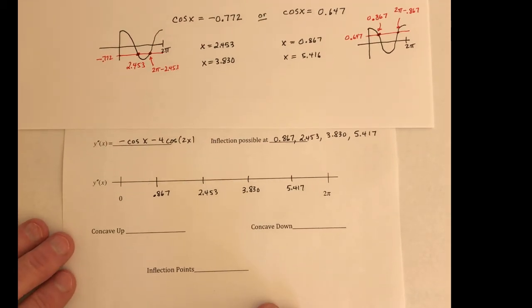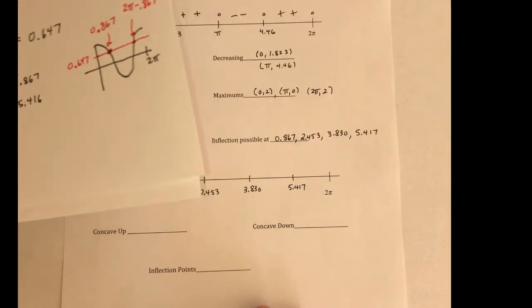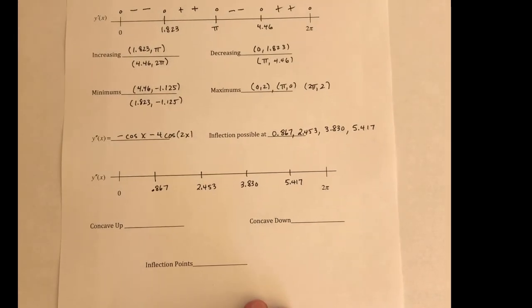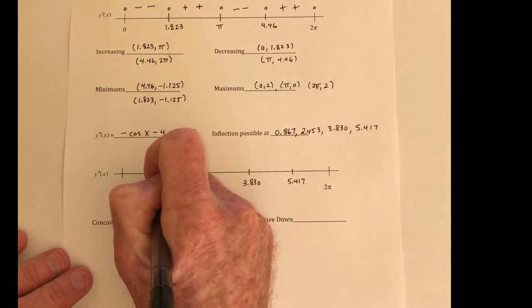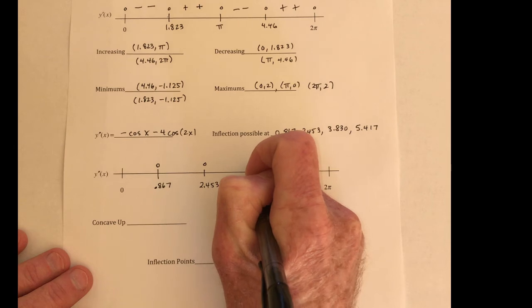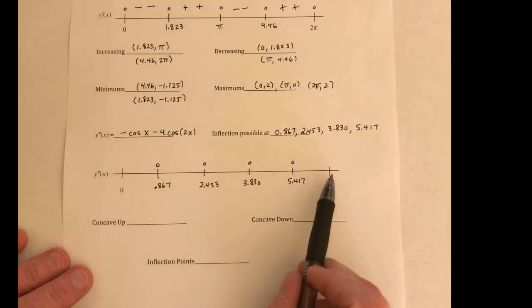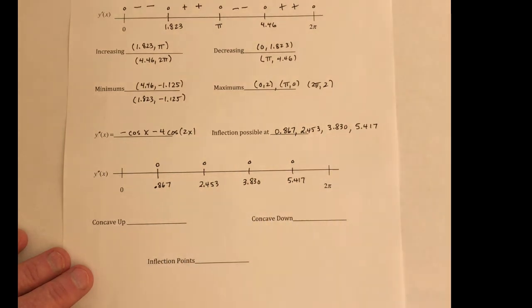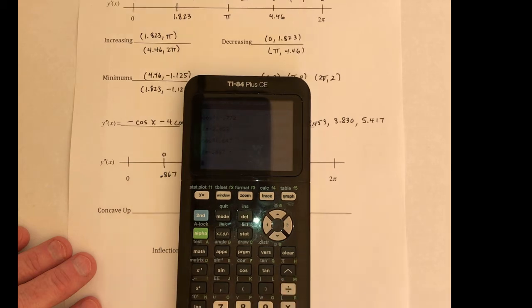Okay, next, where is the second derivative positive and where is it negative? So the second derivative was equal to 0 here, and here, and here, and here, those four places. Not there, but just these four in the middle. So where is it concave up and concave down?